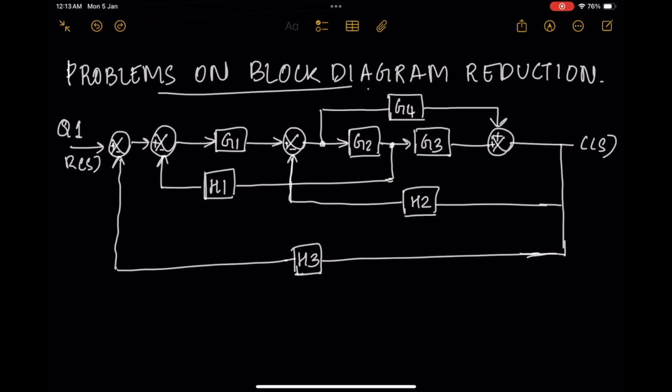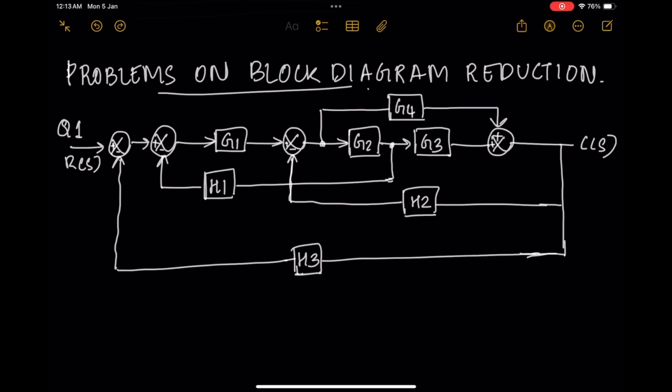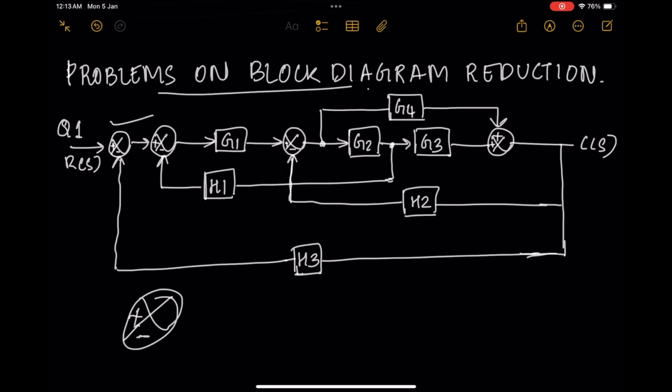So here H1 is also there and H3 is also there. Okay, and if you take a look at the summing point, it looks like plus and minus. So from this we can say that the closed loop will have a transfer function of the form G by 1 plus GH.